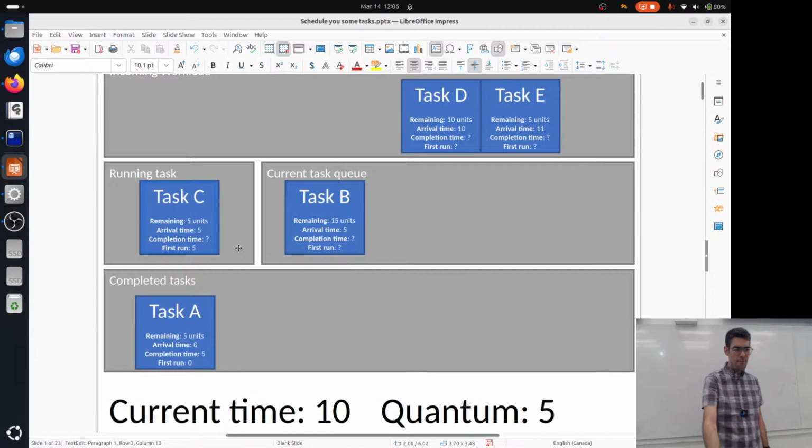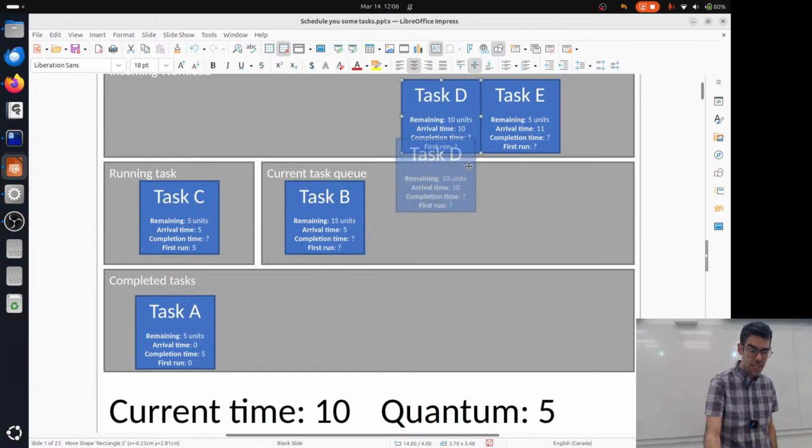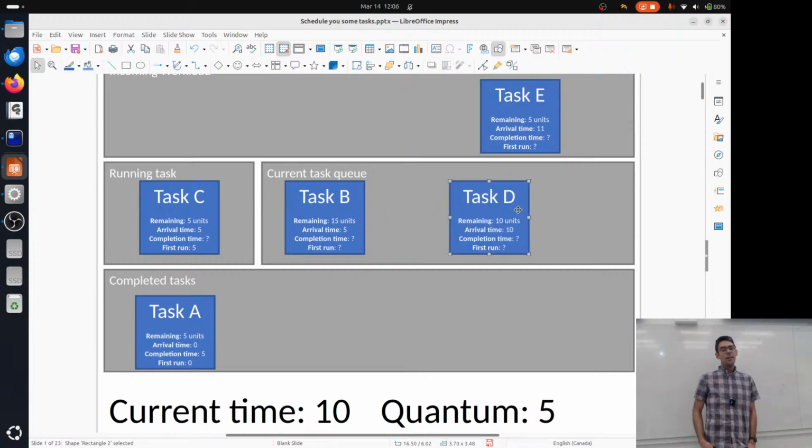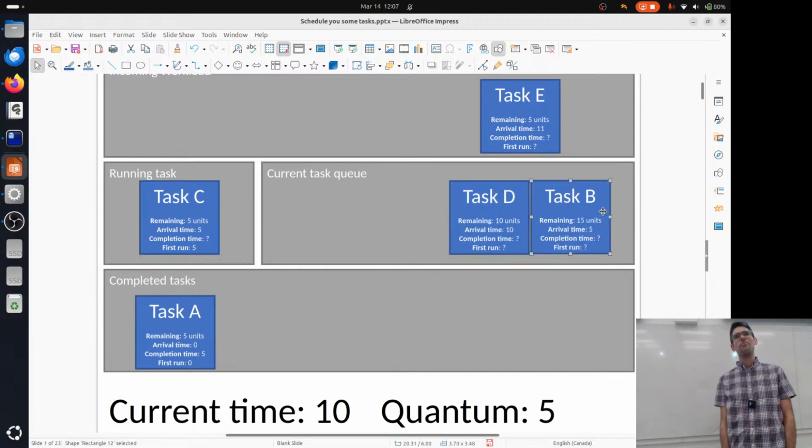Oh, sorry, and then also at time 10, task D shows up. And task D has less time than task B has. So task B is going to get stuck behind task D here. Task D is going to get to go before task B does.